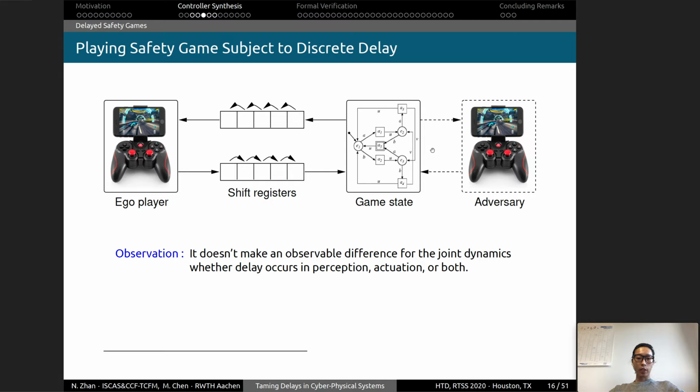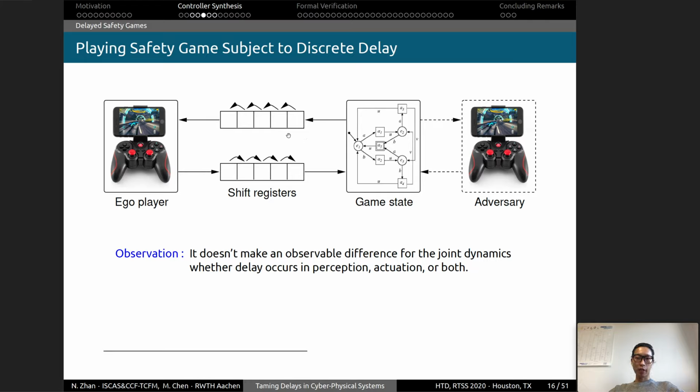But a nice observation here is that whether delay occurs in the perception or in the actuation channel doesn't make an observable difference if we are sitting, say, at the interface of the game graph. So this gives us a nice property that we can always consider one direction channel of delays.